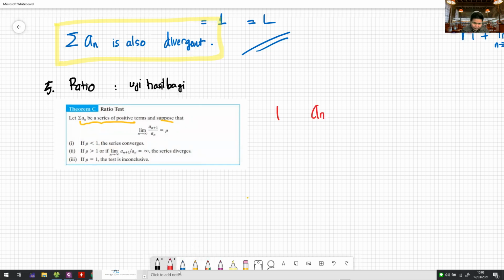We take An plus 1 divided by An, and then take the limit as n goes to infinity. What does it mean? The next term compared to the current term equals rho. We symbolize the limit value as rho.